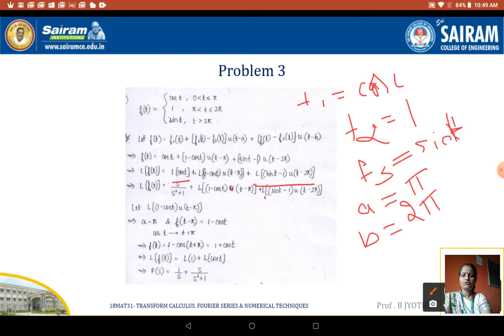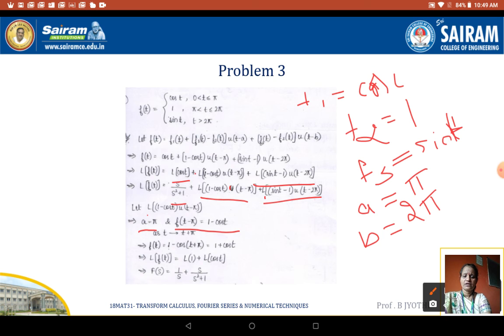So cos t, we know that L of cos t is s divided by s square plus 1, whereas this function and this function we have to do separately. So L of 1 minus cos t into u of t minus pi, where a is pi, that is f of t minus pi is equal to 1 minus cos t. As t tends to t plus pi, we get f of t is equal to 1 minus cos of t plus pi.